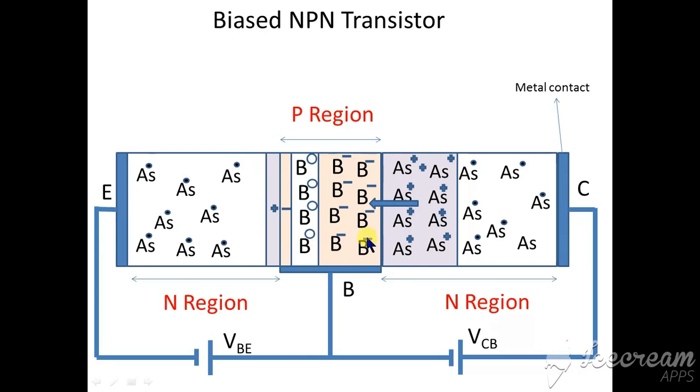On the other hand, the reverse bias applied by the voltage VCB across the collector-base junction increases the potential barrier height and the immobile space charge layer, leading to approximately zero current, neglecting the reverse saturation current across this junction. Therefore, it may be considered as a transfer of resistor from the emitter-base junction to the collector-base junction, from which the device is named transfer of resistor, abbreviated as transistor.